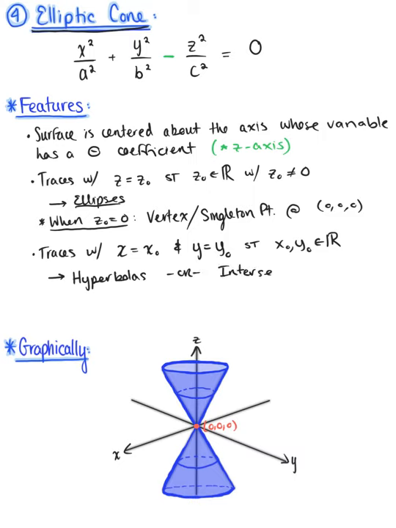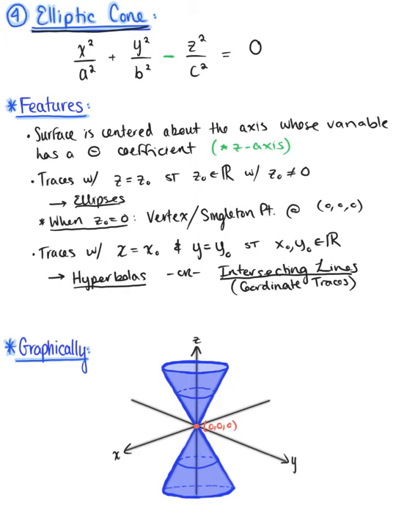And these intersecting lines are the coordinate traces. So this is when x is equal to 0 and when y is equal to 0. So for all other values of x and y, we'll have hyperbolas as the trace.